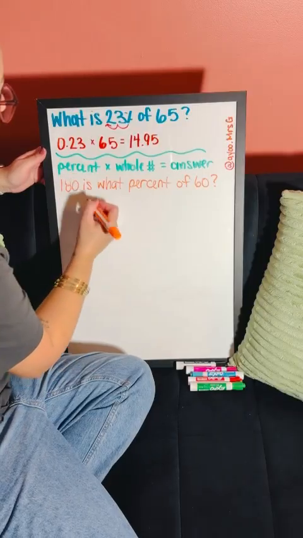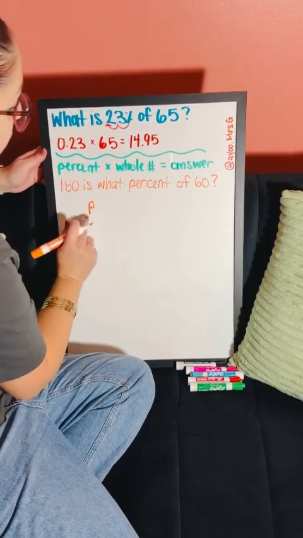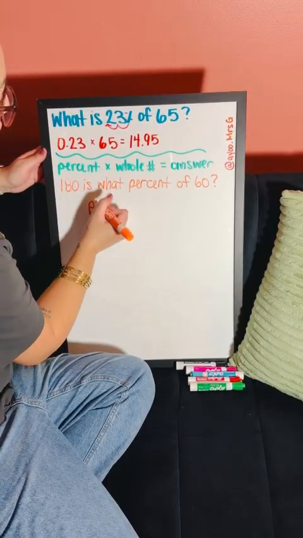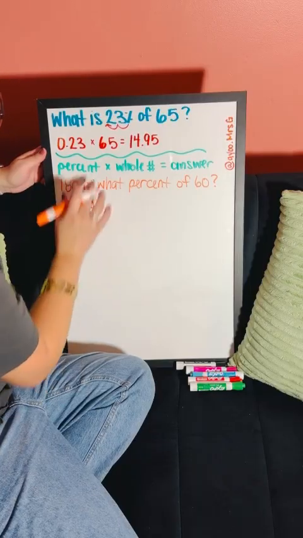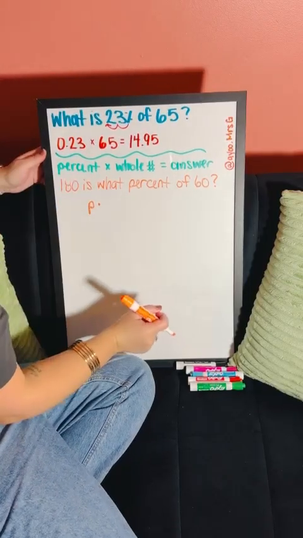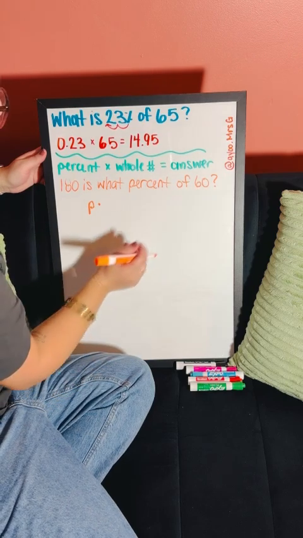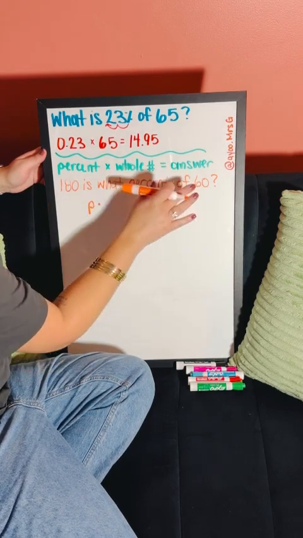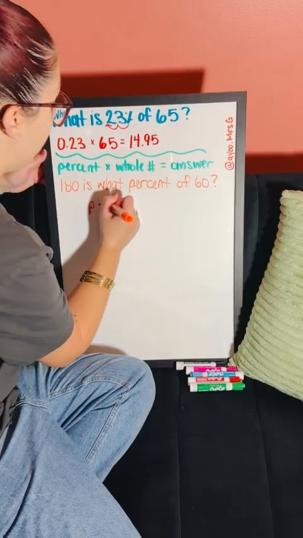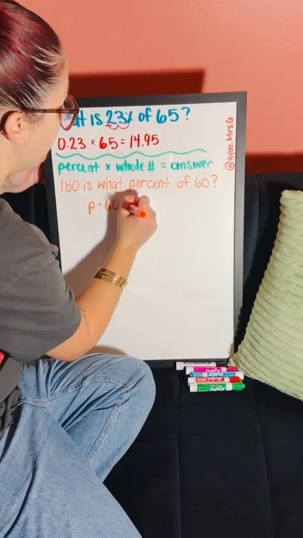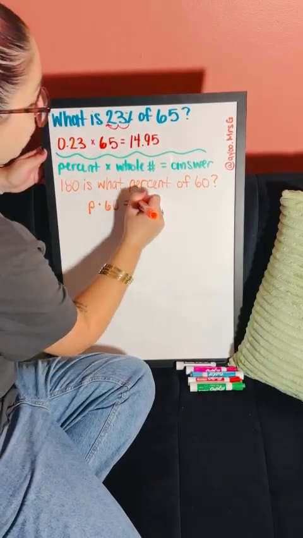We don't have percent, so we're going to put a variable in place of that. And then we're going to multiply it. I'm going to put it with a dot so that we don't get confused with the symbol of X. Okay, multiply by the whole number, which is 60. I'm sorry. Yes, it is 60. And then our answer is going to be 180.